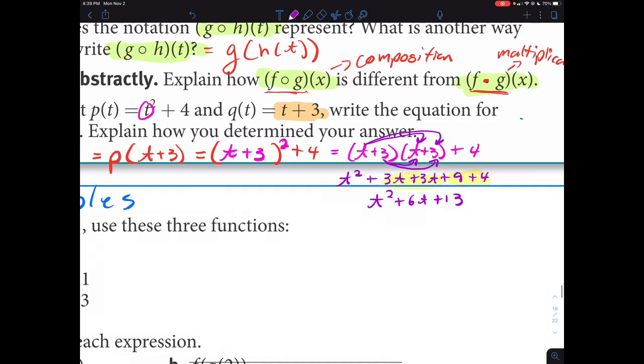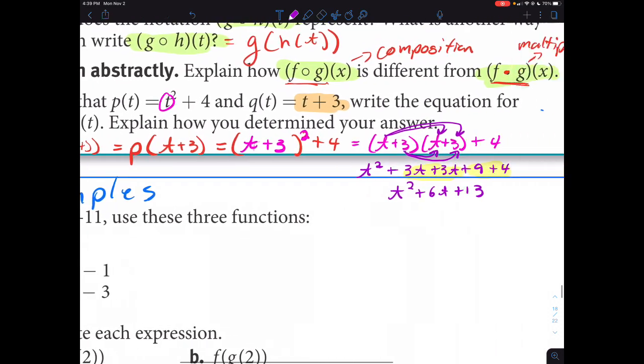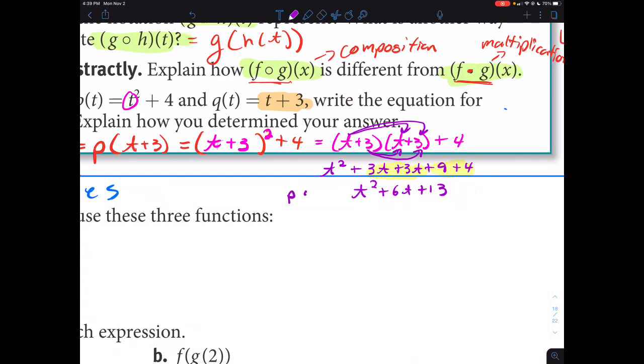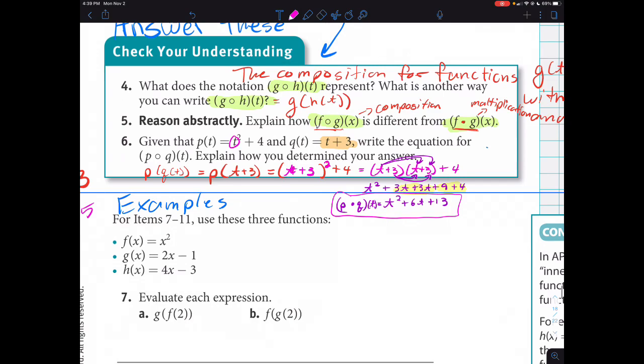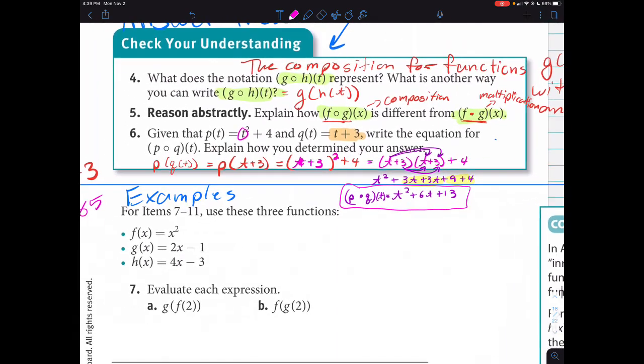So the answer here for p of q of t is t squared plus 6t plus 13. Okay, and so that's just a little explanation for the answers for those problems.